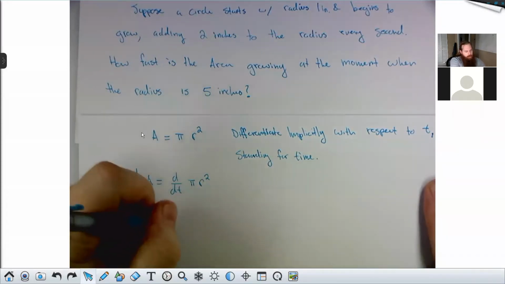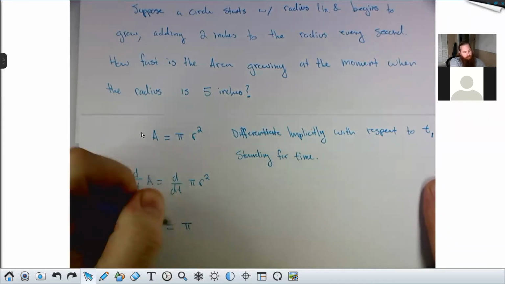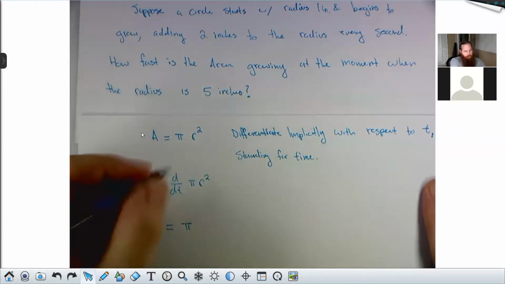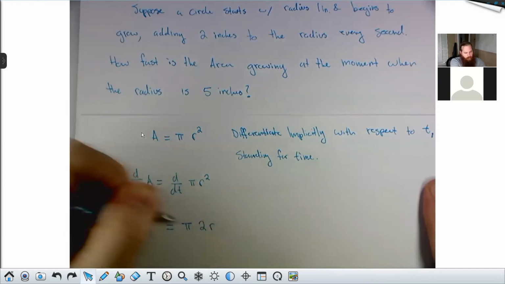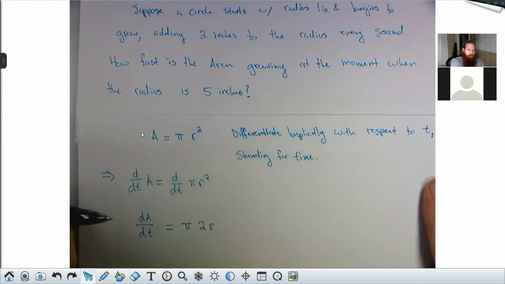On the right-hand side, the pi is going to pop out, and I have to differentiate r squared implicitly with respect to time. So that's going to be 2r. If I was differentiating with respect to r, that would be all I get.